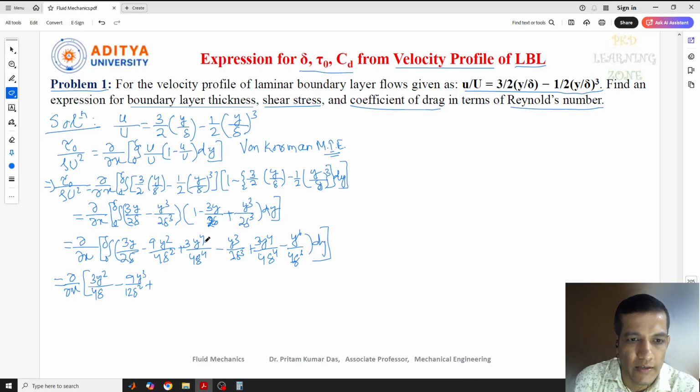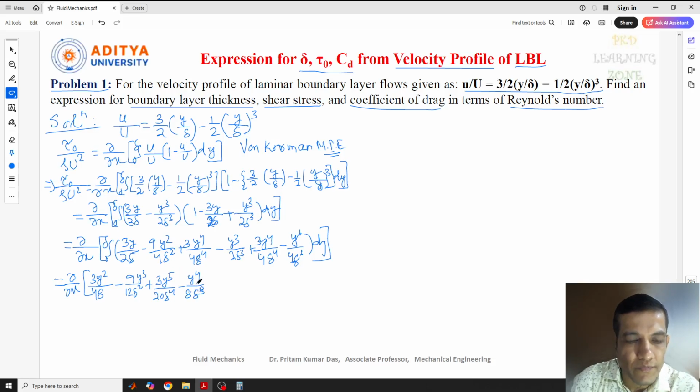Similarly plus, same y to the power 5 will be there, so 3y to the power 5 divided by 20 delta 4, minus, similarly here also this one we can write y to the power 4 by 8 delta cube.